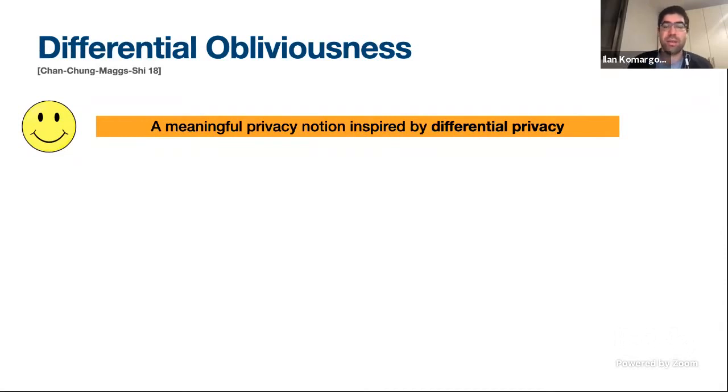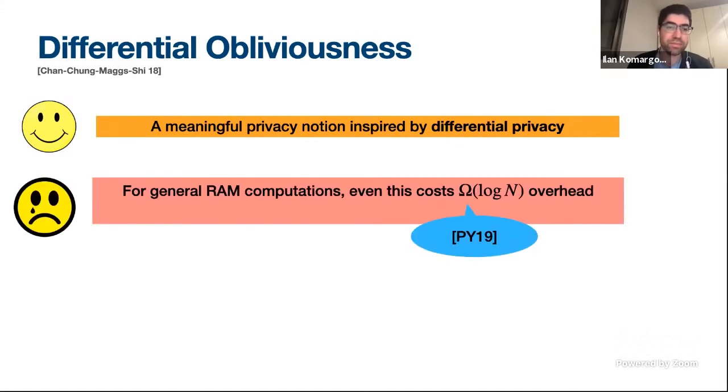Introduced a meaningful relaxation of obliviousness exactly in order to see if we can go below the logarithmic overhead. So they introduced a notion that they termed differential obliviousness, and the name comes from the concept of differential privacy. You'll see in a couple of slides when I define it why it's inspired by it.